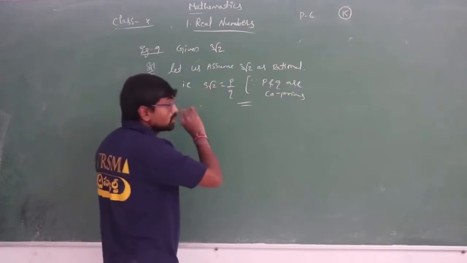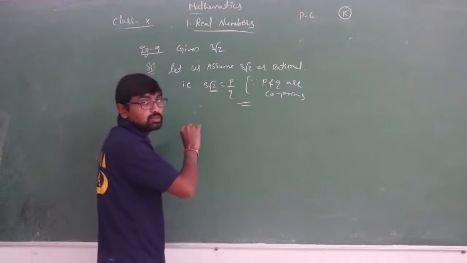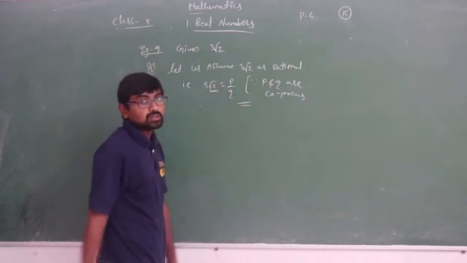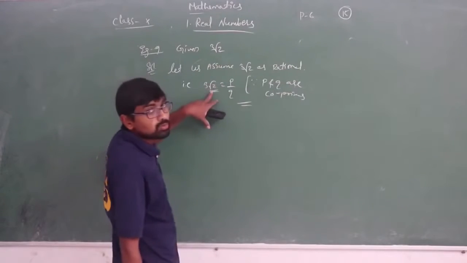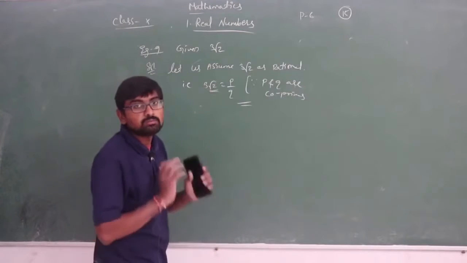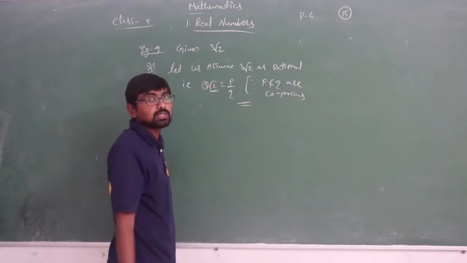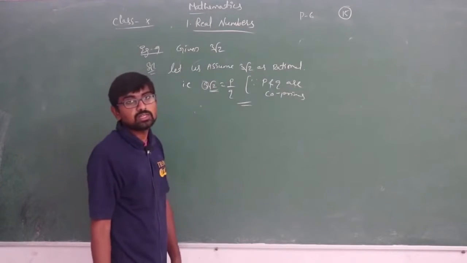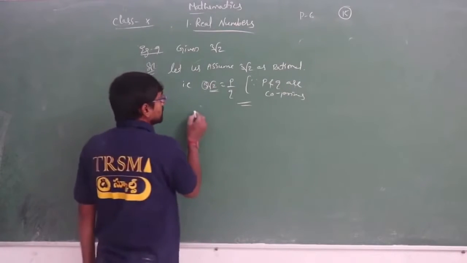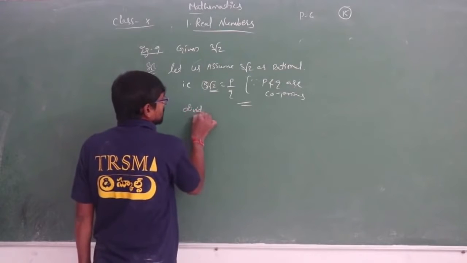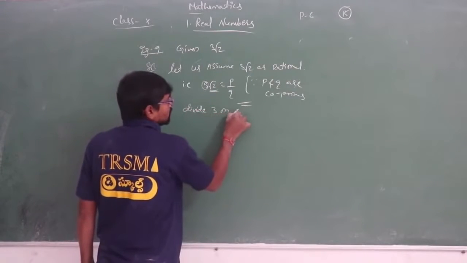Now we are just representing it in the form of p by q. What I told you, other than the root value, the remaining should not be there. We need to keep only the root value on the left hand side. The remaining we have to remove. So here 3 is multiplying. What is the multiplicative inverse of 3? Division by 3. So divide by 3 on both sides.